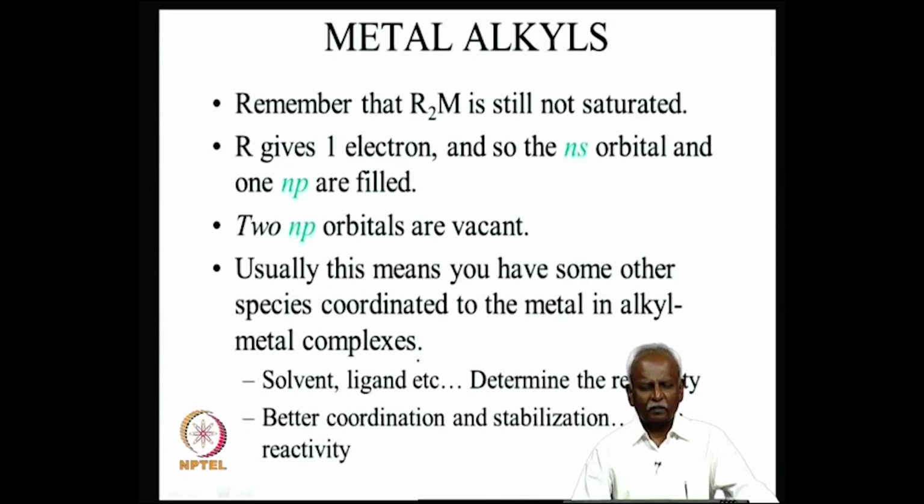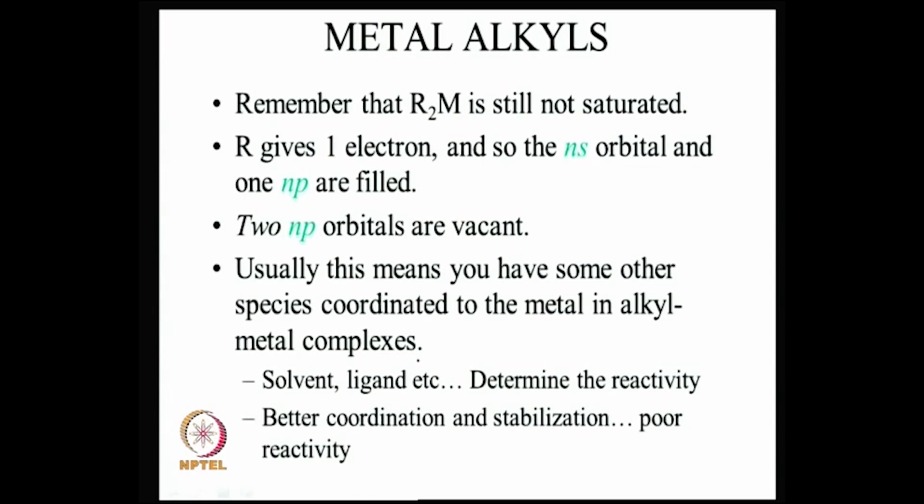Usually, this means that you need some other species to coordinate to the metal and stabilize the metal, and the stabilization is usually carried out with a solvent or an added ligand. The solvent is the solvent in which the species is formed initially.